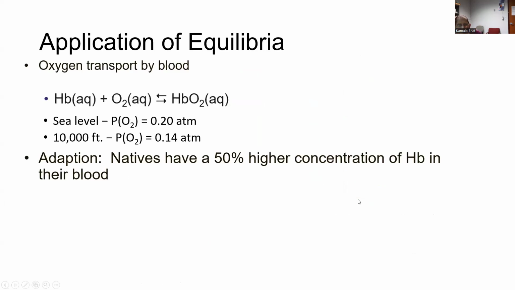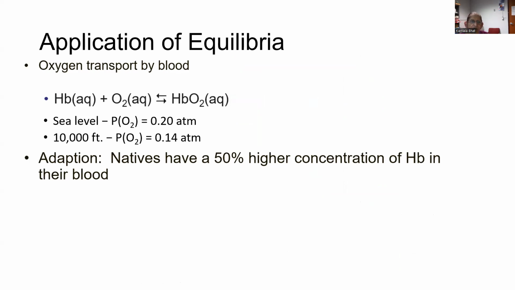continues repeatedly. Another application of equilibrium is the oxygen transport by blood using hemoglobin. At sea level, the partial pressure of oxygen is 0.2 atmospheres, while at 10,000 feet it is 0.14 atmospheres, so that at higher altitude the pressures are lower.